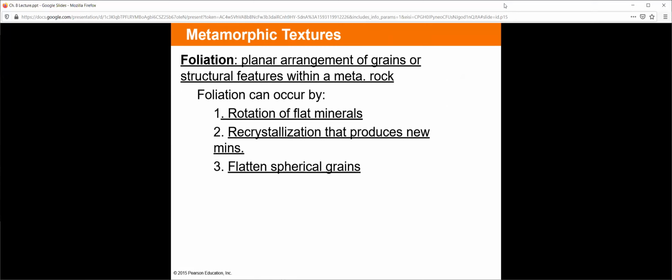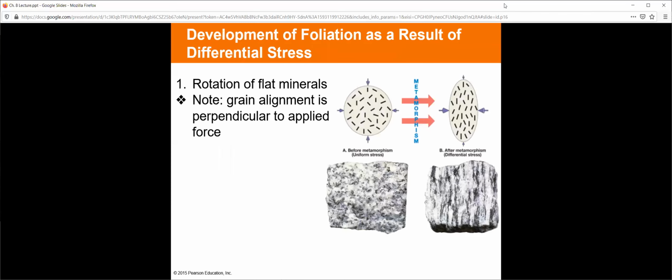They're similar at a very basic level. Foliation is the planar arrangement of grains and structures of the metamorphic rocks. The reason why foliation exists is different from the reason why layering exists in a shale, but it's basically the way the rock lays on top of each other, the rotation of flat minerals, the recrystallization of the new minerals, and the flattening of spherical grains.